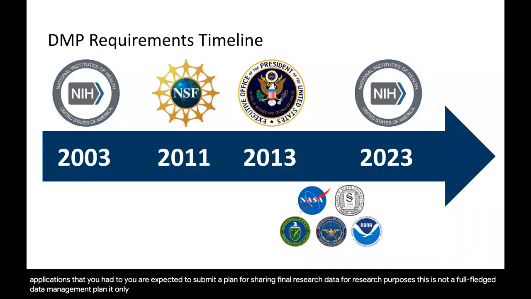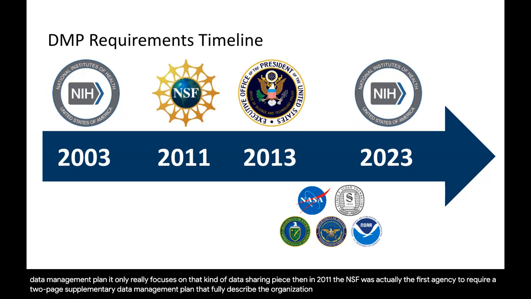It only really focuses on that kind of data sharing piece. Then in 2011, the NSF was actually the first agency to require a 2-page supplementary data management plan that fully described the organization, dissemination, and sharing of research results.